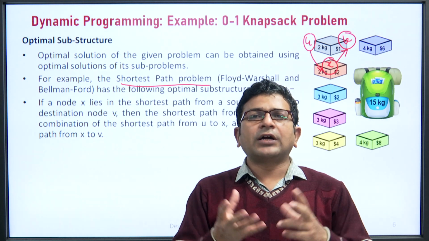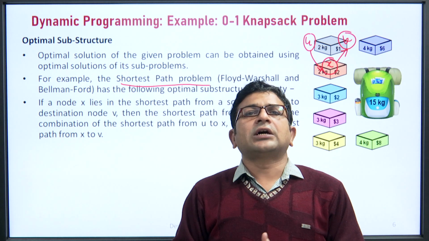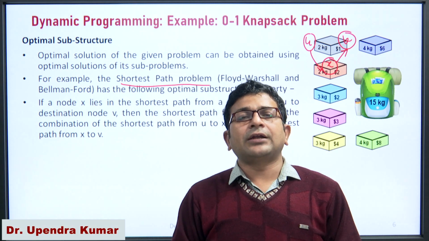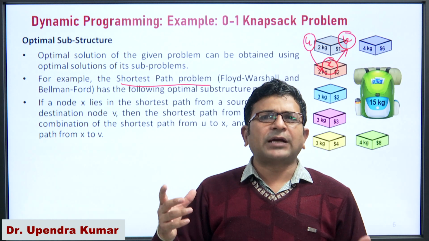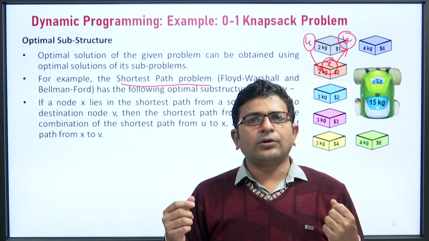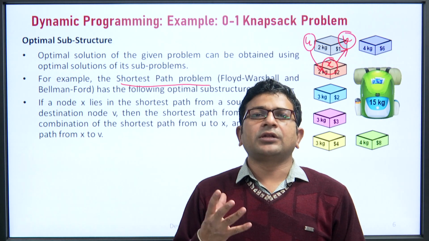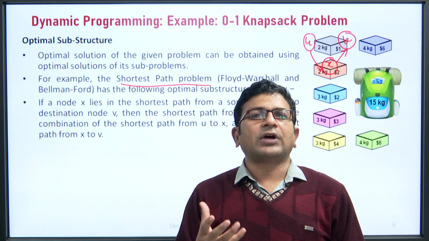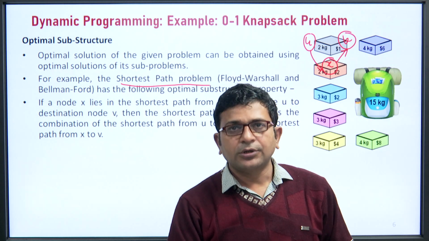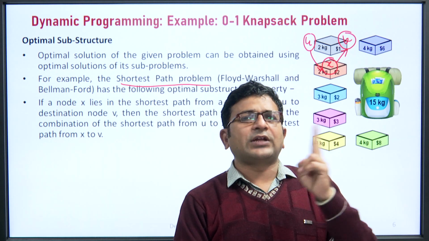We need to find the set of items to put into the knapsack so that it does not overload, since its maximum capacity is given. The overall weight cannot cross the knapsack capacity, and the knapsack should have the maximum value. So, this is the knapsack problem. Now, it is basically of two types, 0-1 knapsack problem and fractional knapsack problem.